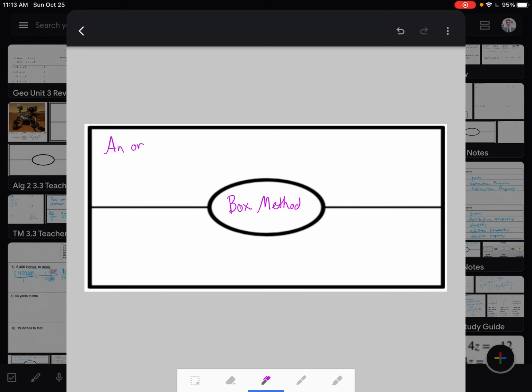So the box method is an organization method for multiplying polynomials that uses area.